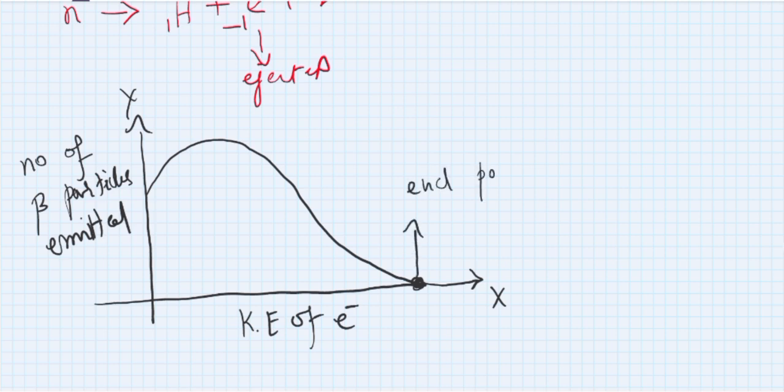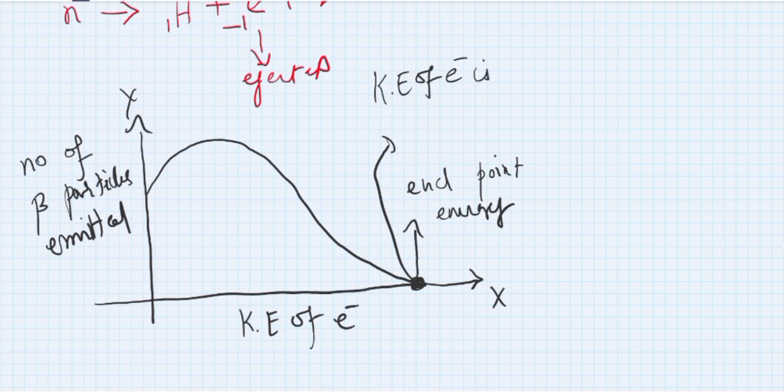At this point the kinetic energy of the electron is maximum, right? So this is the distribution curve of the number of beta particles emitted versus the kinetic energy of the electrons.